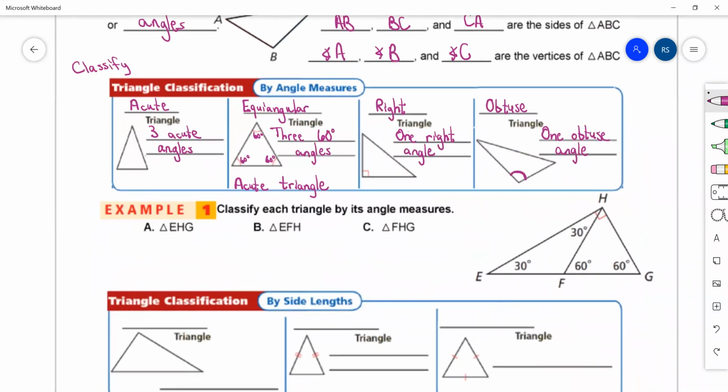Okay, so let's get some practice classifying these. So the first one they ask us to classify is triangle EHG. So that triangle.